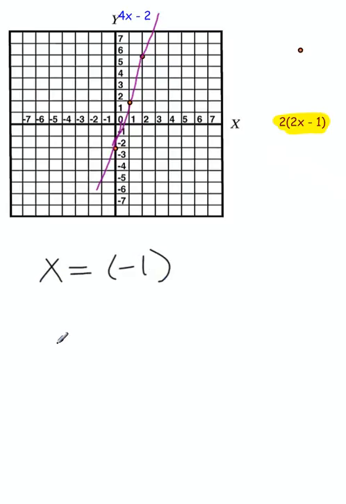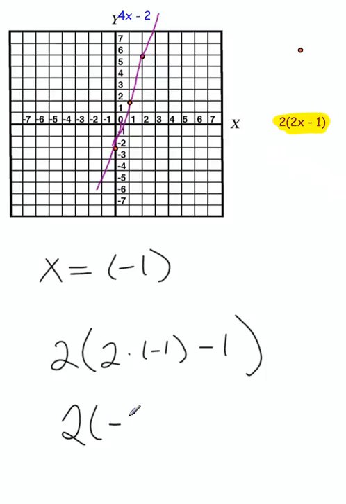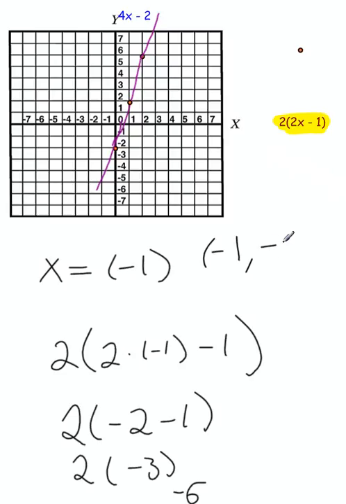Okay, we're going to get 2 times negative 1 minus 1, which is going to give us 2 times a negative 2 minus 1, which is going to give us 2 times a negative 3, which is negative 6. So our next point is going to be negative 1, negative 6. We can grab a negative 1 down here to negative 6.